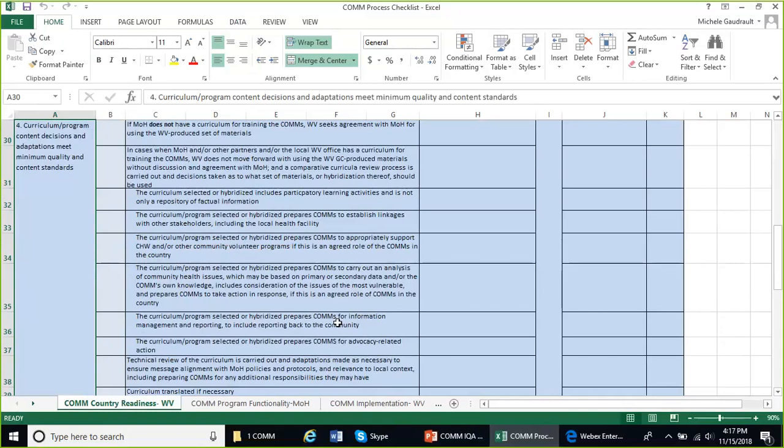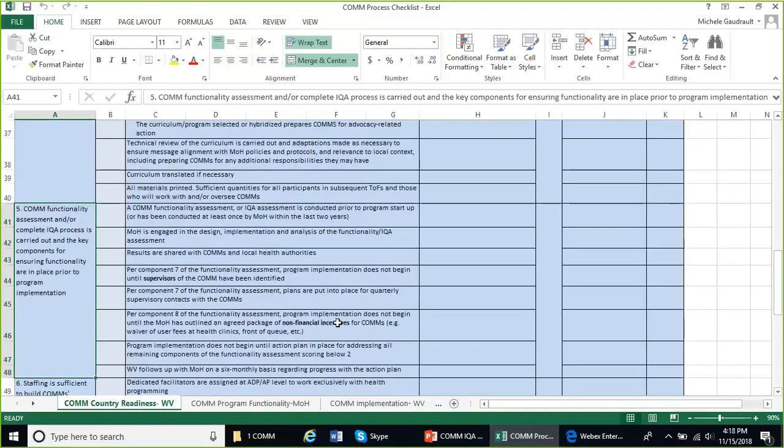We've got a couple of countries where this is a bit of a problem, where they've been moving forward with the World Vision set of materials when, in fact, MOH has a curriculum, which is something that we don't want to do, right? We don't want to work in parallel to what MOH has. So this sort of dialogue with MOH, we want to make sure happens ahead of time.